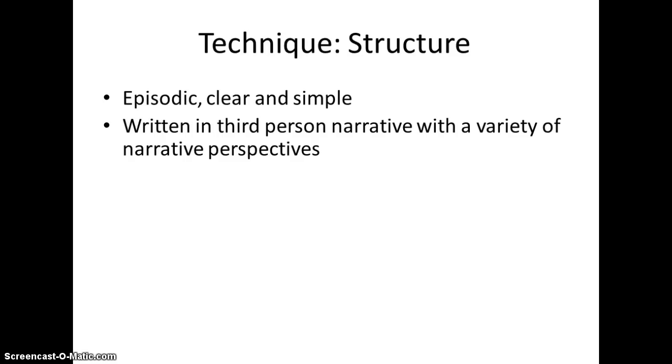It's written in third person, so it's not from one particular character's viewpoint, but we follow a variety of narrative perspectives. At one point we're just with Lenny, at one point with George, or with George and Lenny. We see from Crooks' perspective in chapter 4.